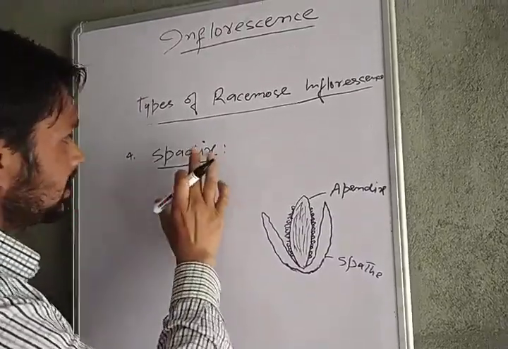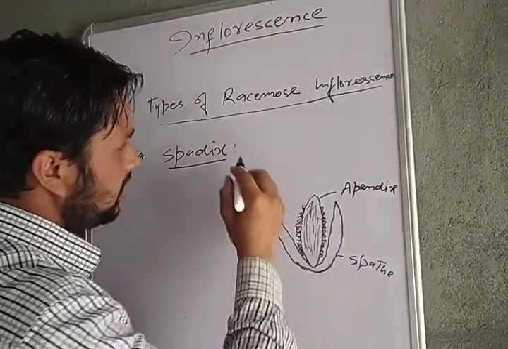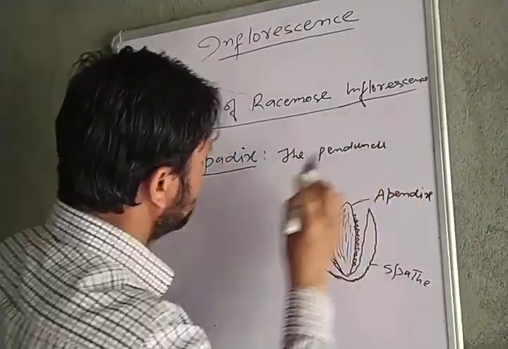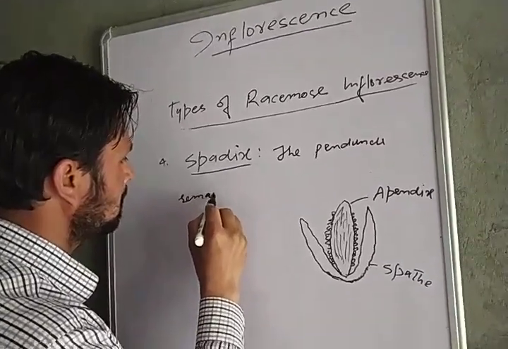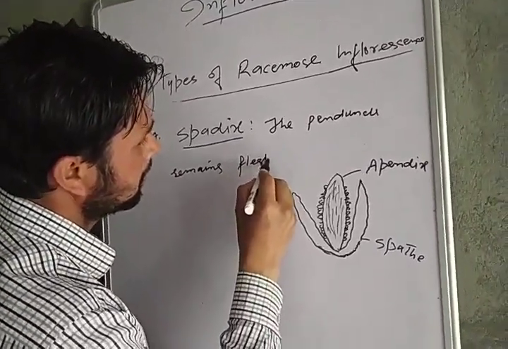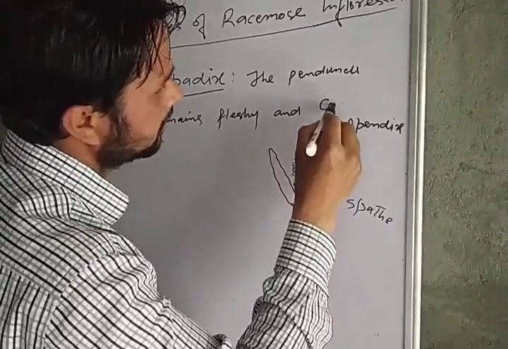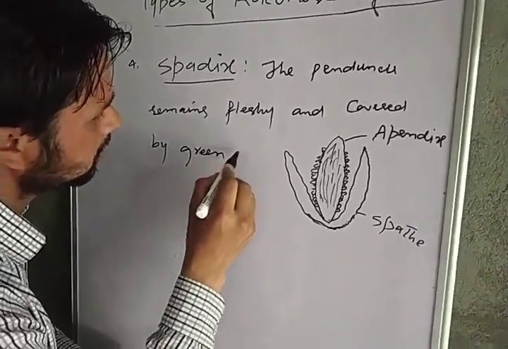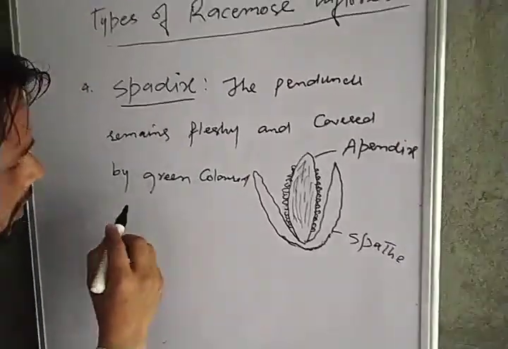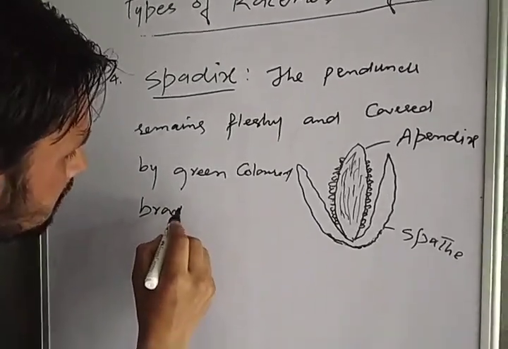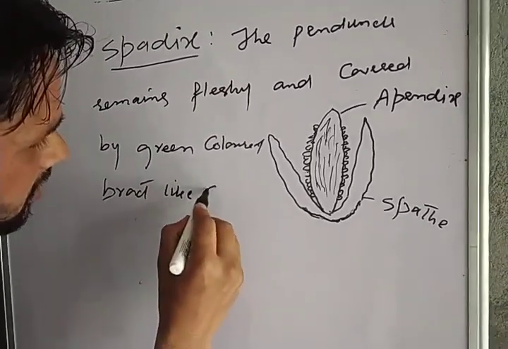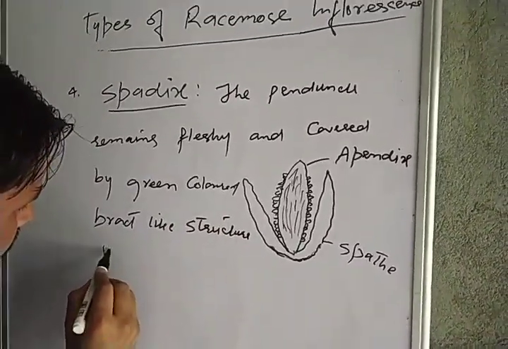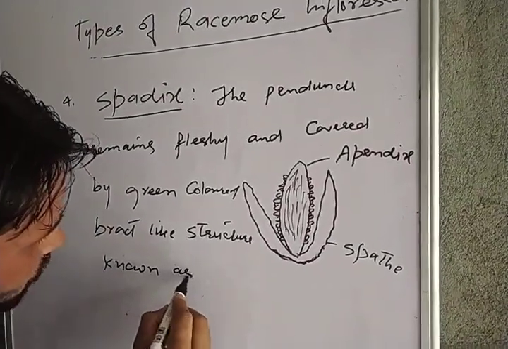So if we define this spadix type of inflorescence, we can say the peduncle remains fleshy and covered by a green colored bracket-like structure known as spathe.